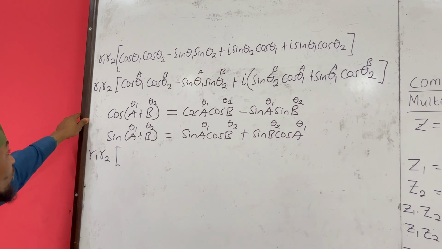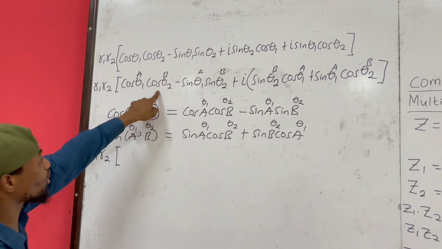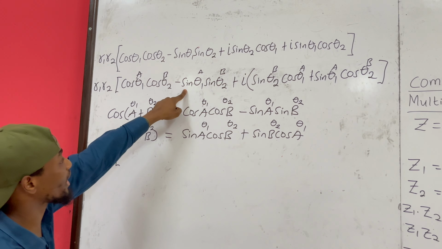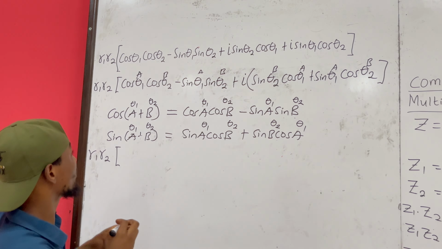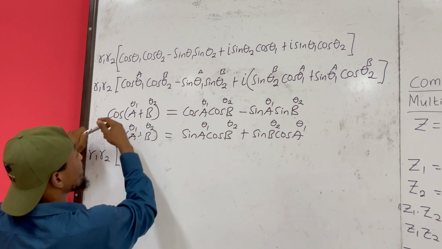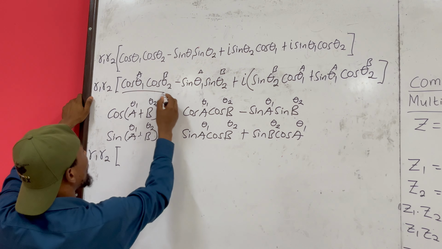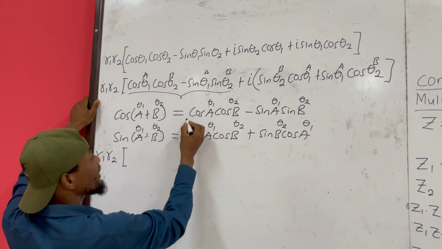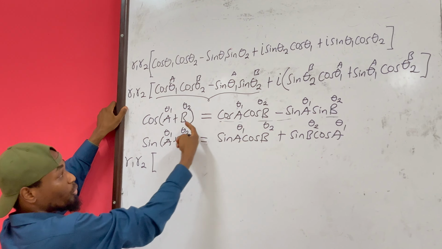So as a result of that, I can now say that cos theta 1 cos theta 2 minus sine theta 1 sine theta 2 is the same as what? So you come here, realize that the whole of this is the same as this. You get that, which is equivalent to this.